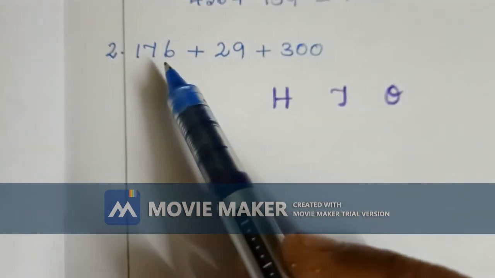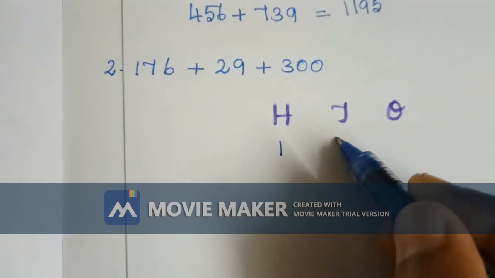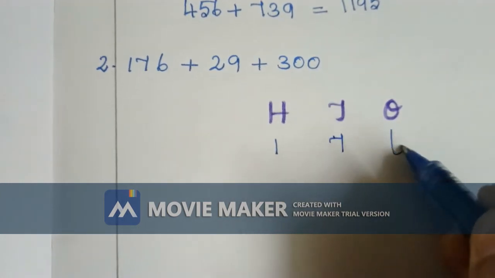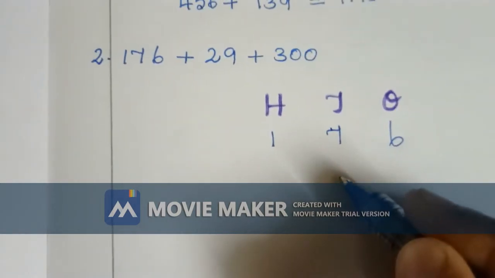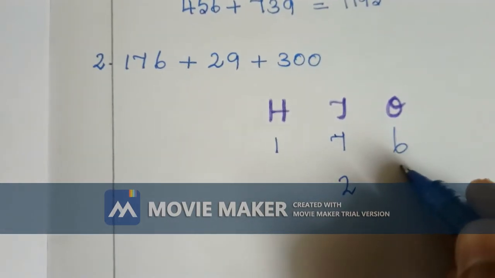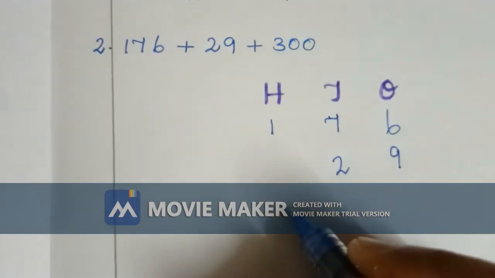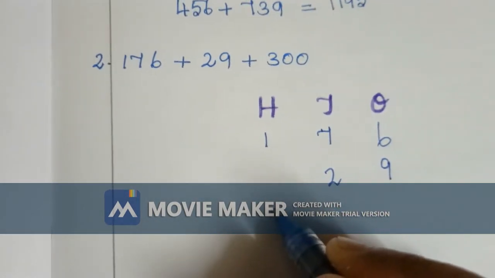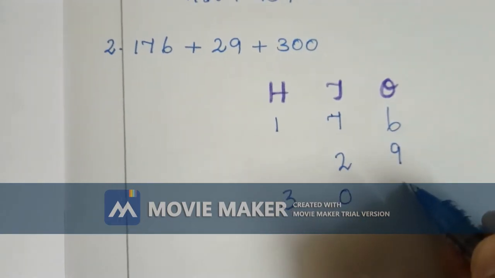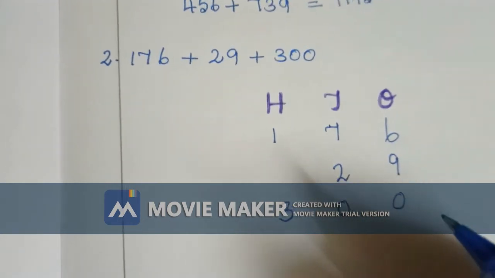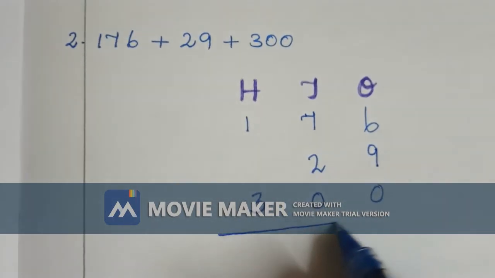In 176 there are 1 hundred, 7 tens and 6 ones. In 29, 2 tens and 9 ones. And for 300, 3 hundreds, 0 tens and 0 ones.